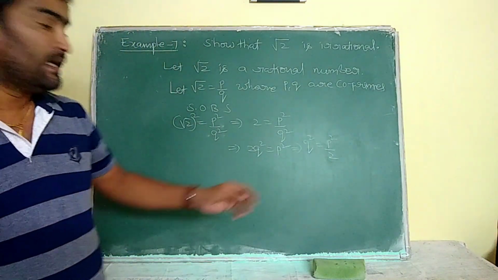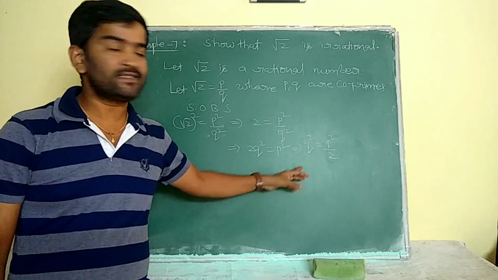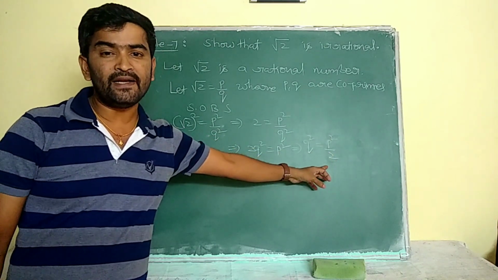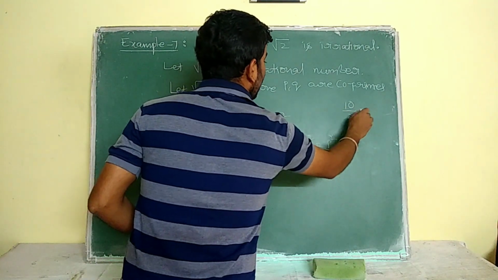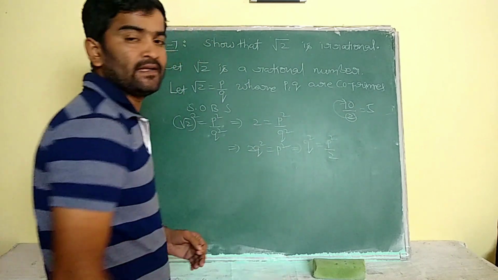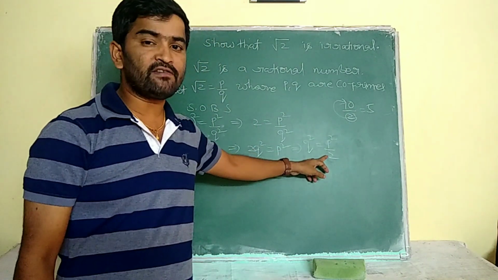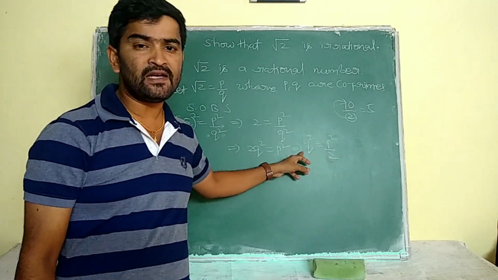See ma, here p square by 2 gives us q square. That indicates this p square is divisible by 2. For example, 10 by 2 means what we will write? 5. That means this 2 divides 10 exactly. Similarly, here this 2 divides p square exactly, because we obtain p square by 2 as q square.